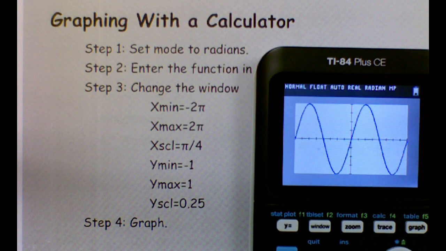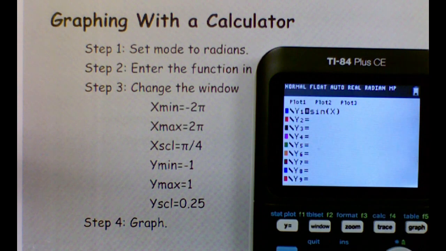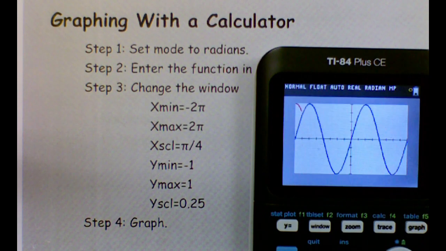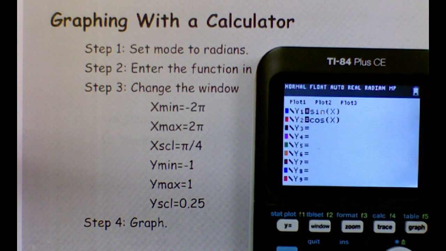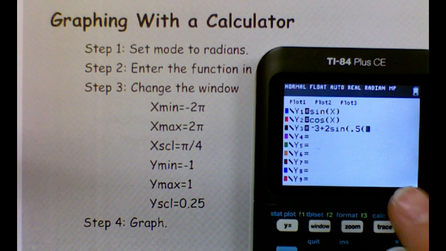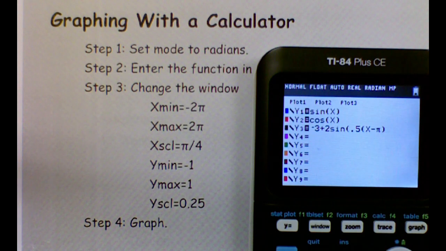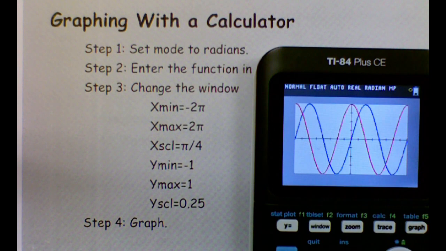And now I have my graph. I can also say, all right, how about if I make this one cosine of x? And look at that. If I wanted to double check a graph that I made earlier, flip back to one of these. Let's say I want to double check my negative 3 plus 2 sine 0.5 times x minus pi. All right, you'll notice when I graph it, it doesn't show me anything.